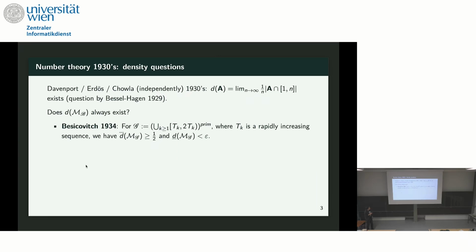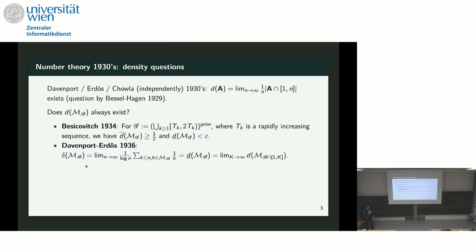This t_k in his construction was a subsequence of 2^k, but in fact it can be any sequence that is increasing fast enough, and this construction will work. Then the upper density of the corresponding set of multiples is at least 1/2, and one can show that the lower density will be smaller than epsilon if your t_k grows fast enough for this epsilon.